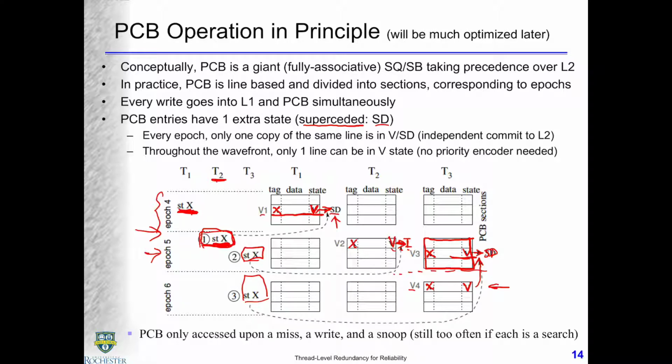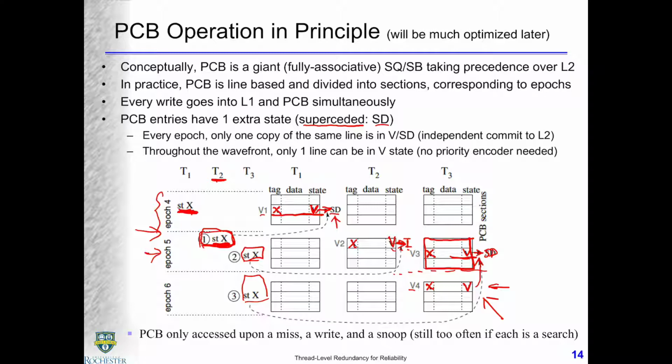I'm assuming a bus-based system, so then we have to search all the PCBs like snooping. But if you have a coherence protocol, you have a coherence directory, and that works too. So in this case, this node would be in the directory. So anybody who has a miss from L1 will go and read the directory information. The directory would basically say, well, thread T3 has a copy of it.